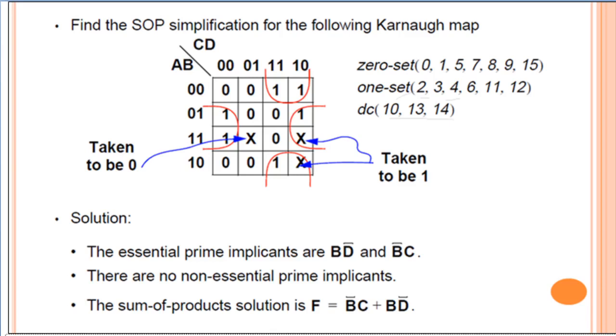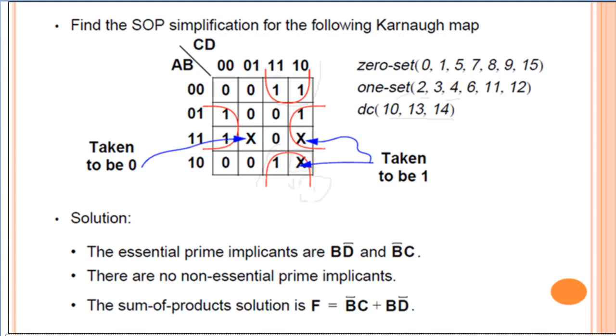That means we will put X in those particular locations, that means 10, 13 and 14 get X. Now we are grouping. Now we will group the ones, these two groups and these groups can be grouped if we take this don't care as 1.